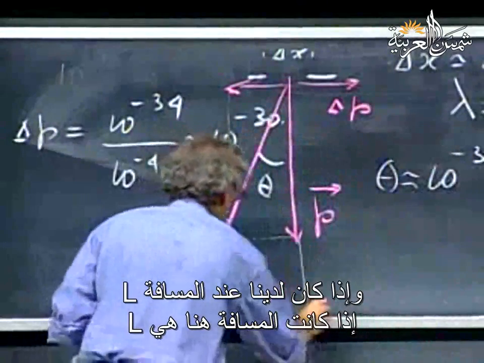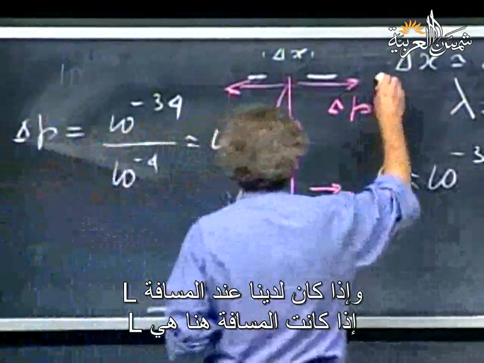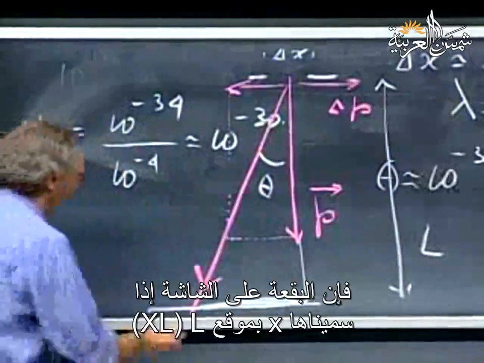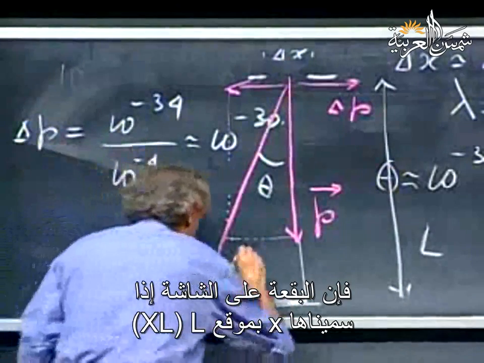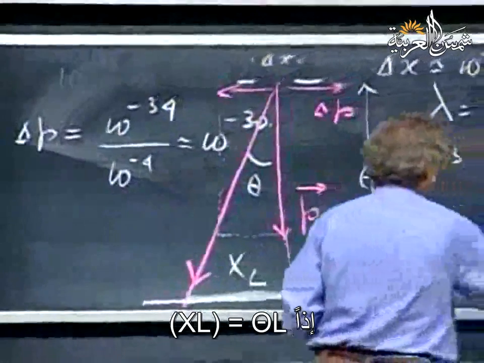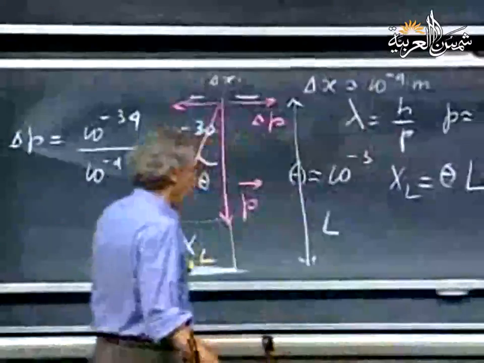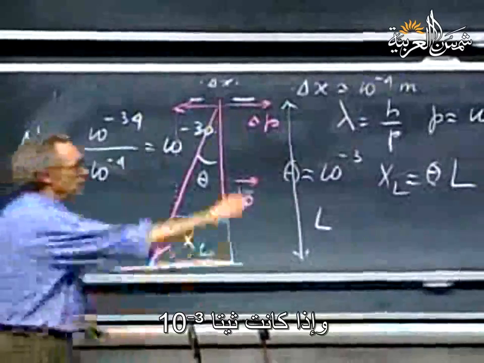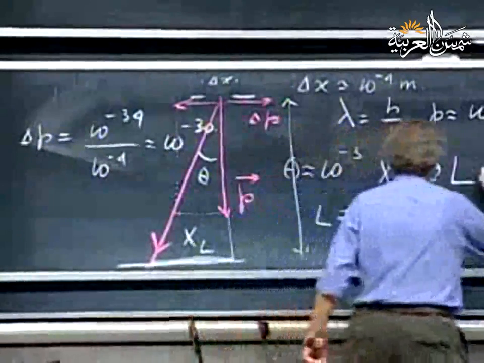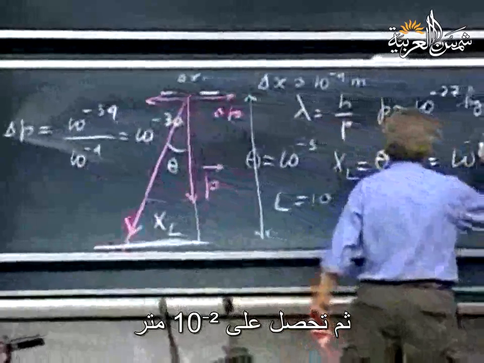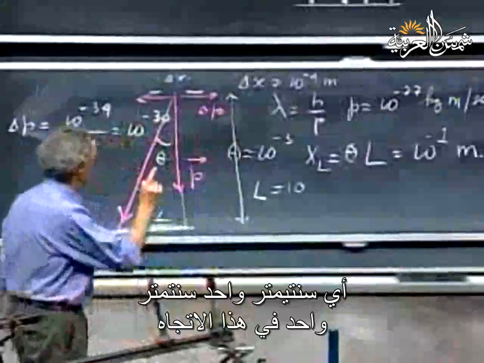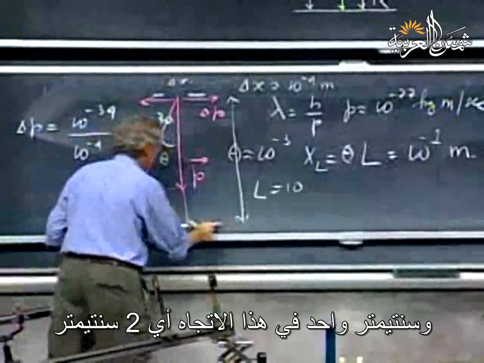And if at a distance L, if this distance here is L, you have a screen, then the spot on this screen, if I call that x at location L, then x at location L is obviously theta times L. And if theta is 10 to the minus 3, and let's assume this is about 10 meters away from us, so L is about 10 meters, then you get 10 to the minus 2 meters. That is 1 centimeter. 1 centimeter in this direction, and 1 centimeter in that direction.